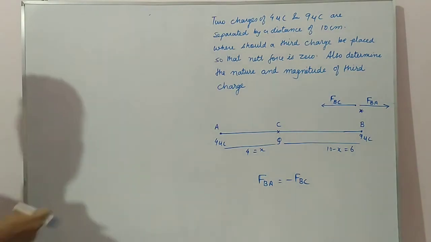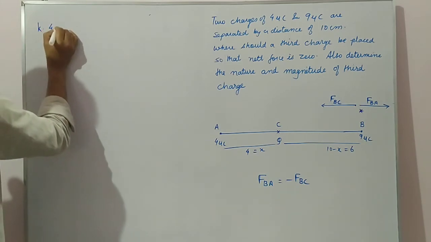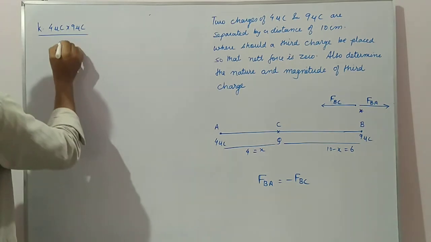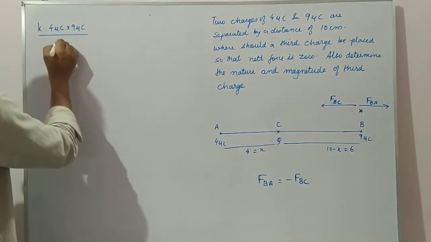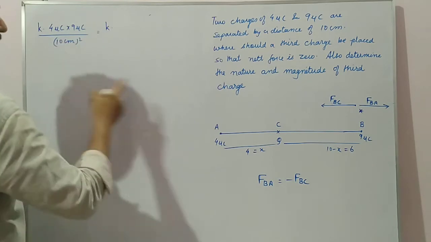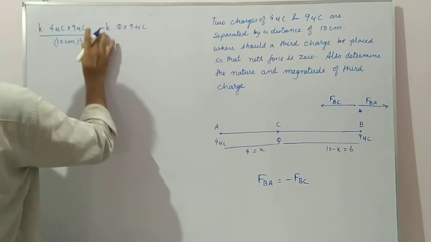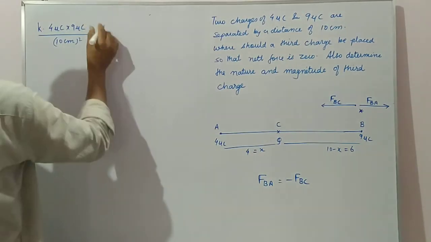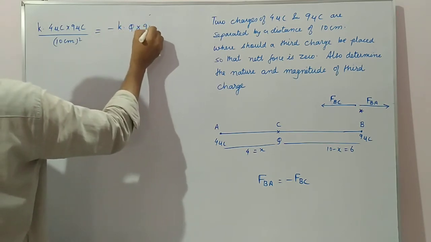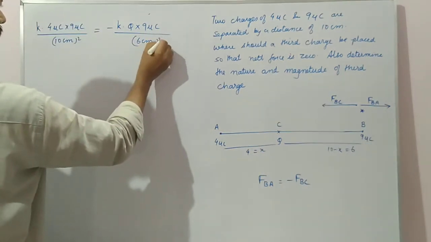So the repulsive force between B and A is K times 4 microcoulomb into 9 microcoulomb by the distance between A and B, 10 centimeter, the whole square, equal to K between B and C, Q into 9 microcoulomb, with a minus sign also, minus K Q 9 microcoulomb by distance 6 centimeter, the whole square.